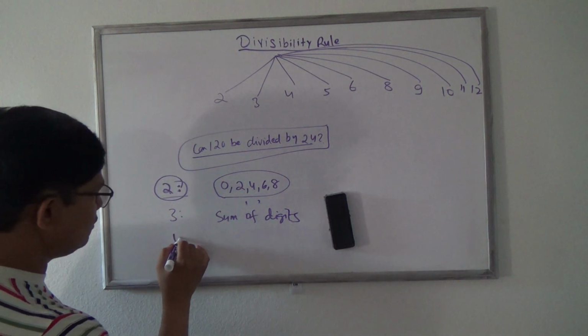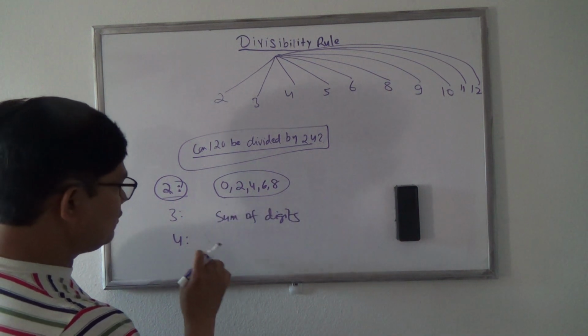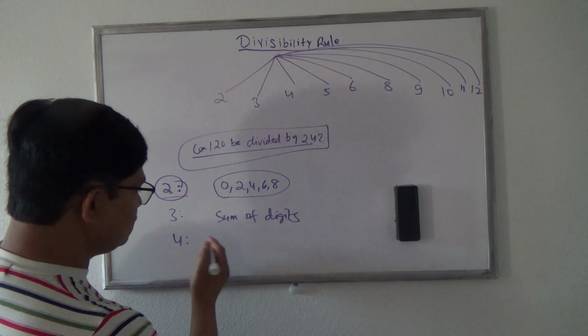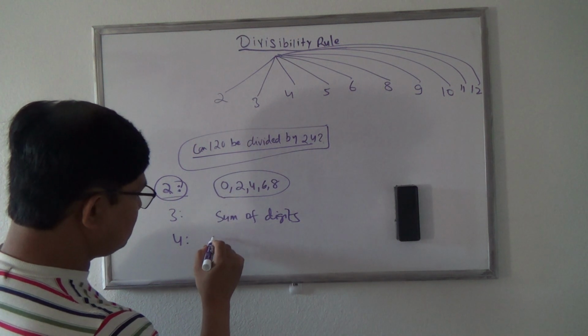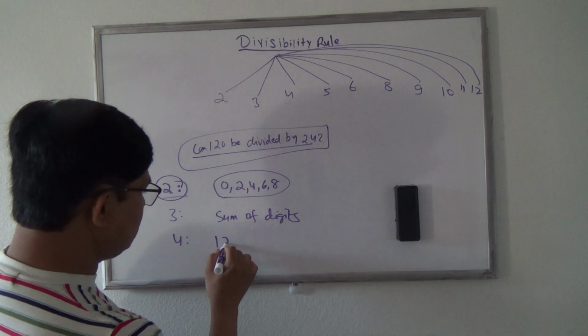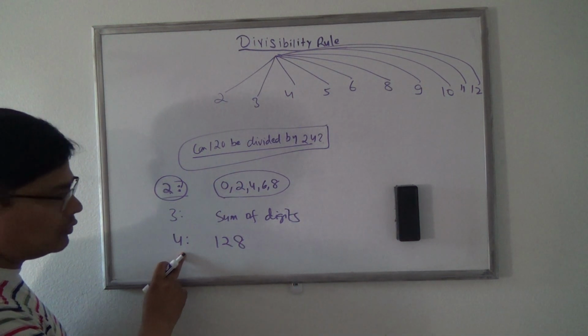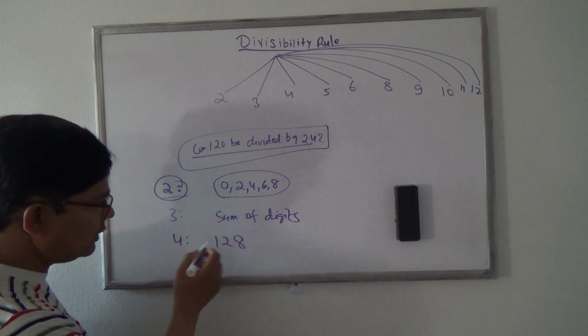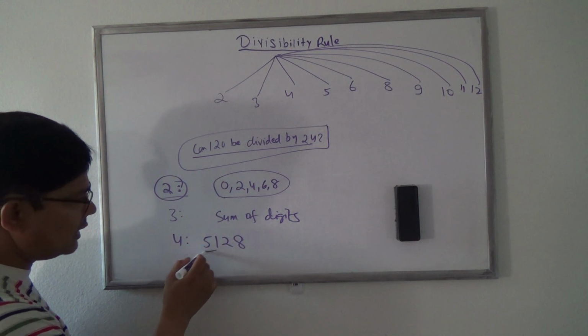What about 4? For 4, you have to look at the last 2 digits in the given number. So let's say I ask you, can you divide 5128 by 4? You don't have to worry about these digits, 51.